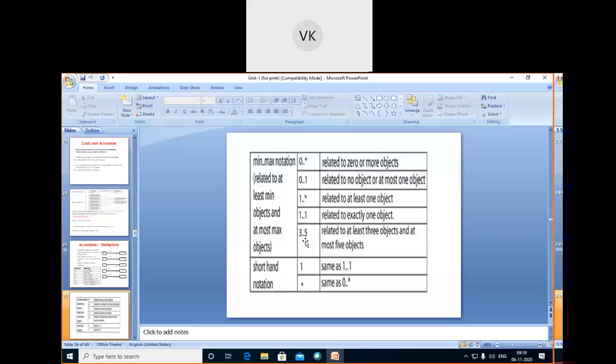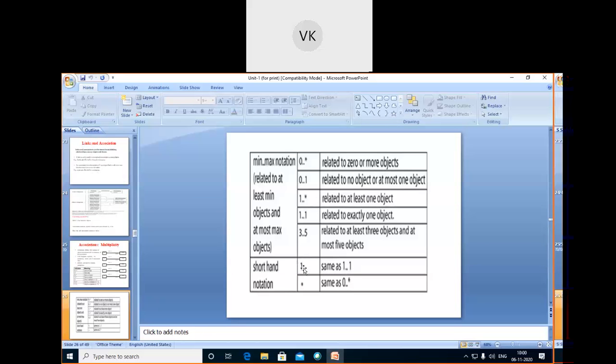Here you see 3 dot dot 5, 3 to 5, the minimum it can have 3, at most it can have 5. Okay, related to at least 3 objects and at most 5 objects. And if you have written only 1, the meaning is same as 1 dot dot 1. Previously we have seen 1 dot dot 1, it will be same here also.